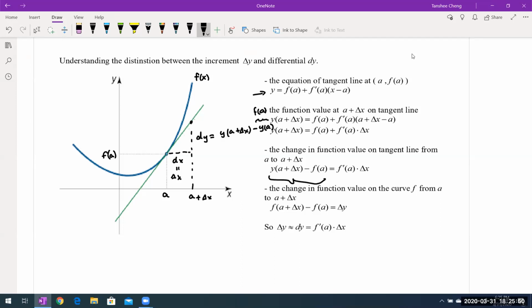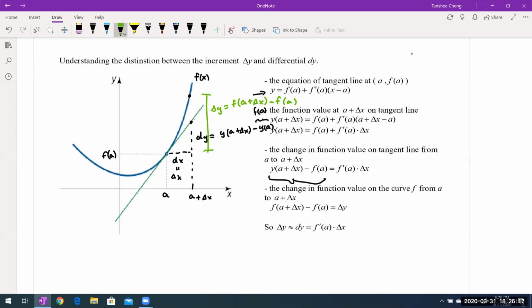Now, the change in the function value of f, I'm talking about this part. Let me use a different color. From here all the way down to here, that is denoted as delta y. And this delta y is basically f of a plus delta x minus f of a, right?